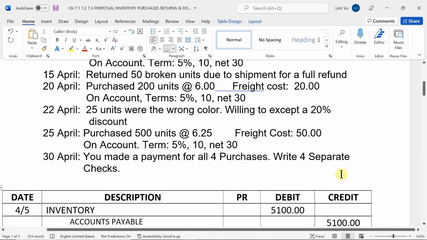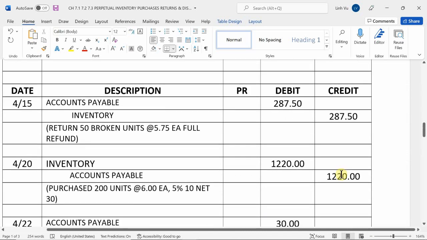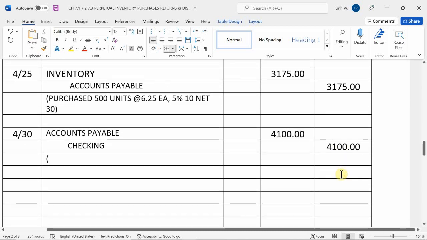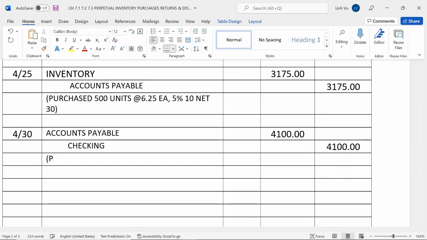No. So in this case, I'm going to recognize that payment for purchases made on April 5th. And of course, I wrote check number 1. This is my first check.